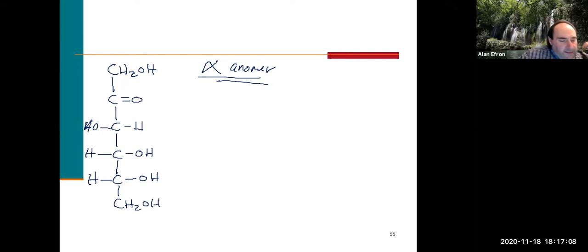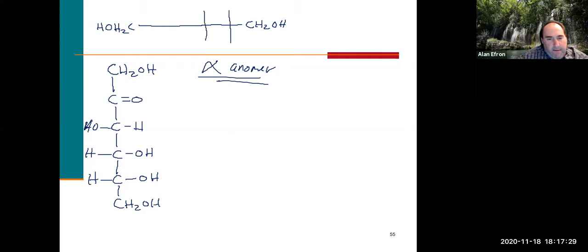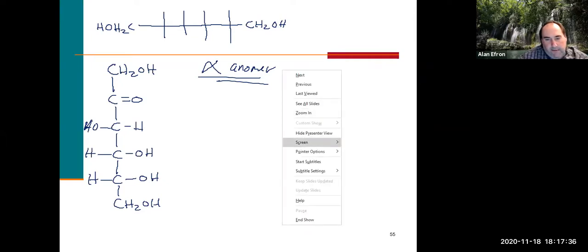Okay, so let's take a look. You want to approach it the same way. It's a little different. It is a ketose here. So we're going to take the same approach. We're just going to drop it on its side. If we drop it on the side, we end up with something like this. A little extra line there.